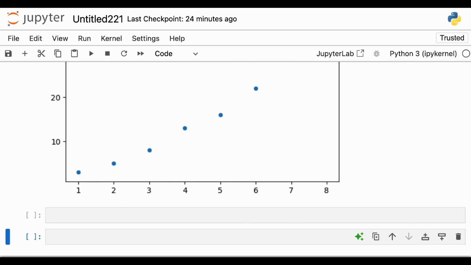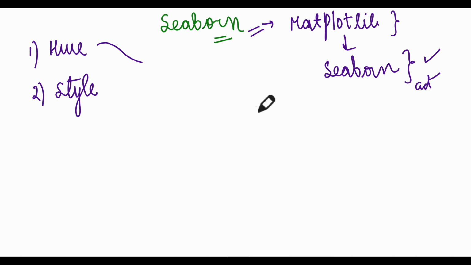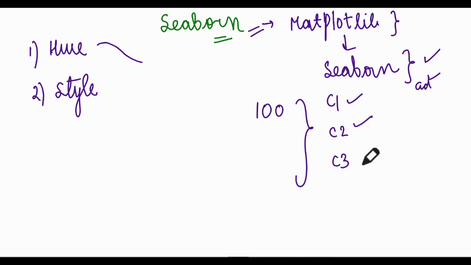We will talk about two more concepts which are called hue and style. One is hue and the second is style. This is something that Seaborn offers, and it is not present in Matplotlib. Hue means, for example, let's say you have data of 1000 rows, and it is split into categories C1, C2 and C3. When you create a scatter plot, it will by default create different colors for each of the categories so that you can easily differentiate.